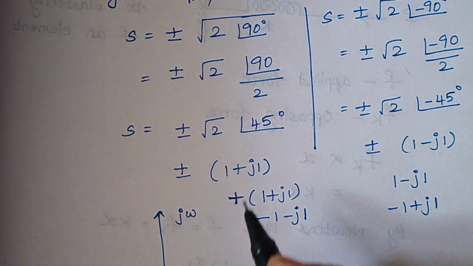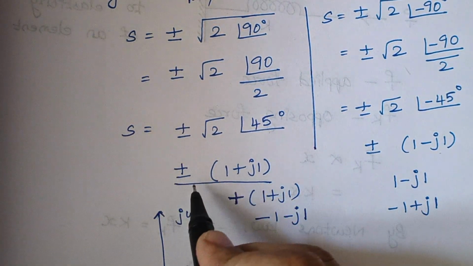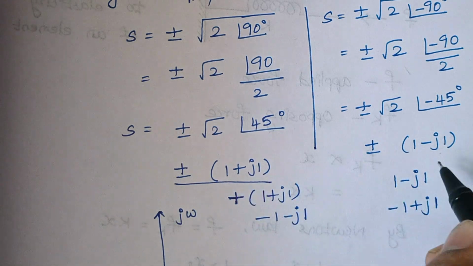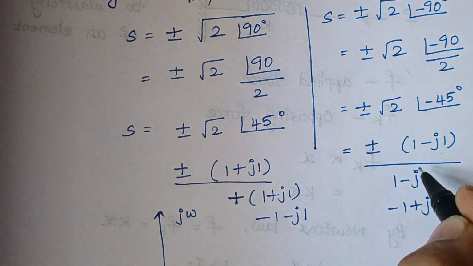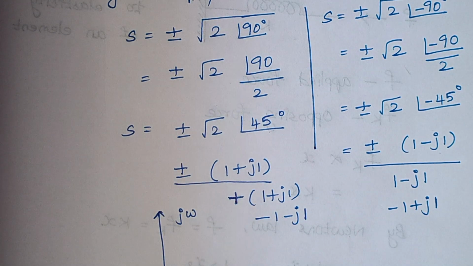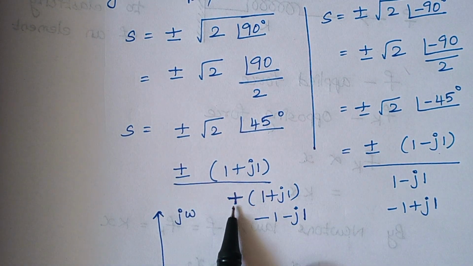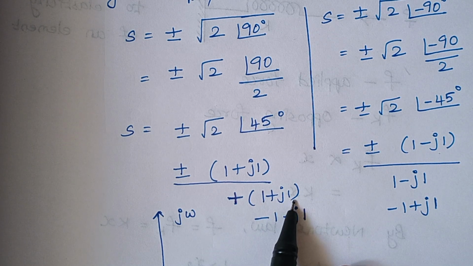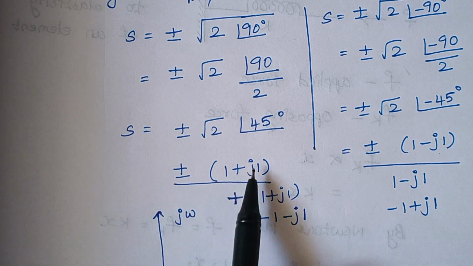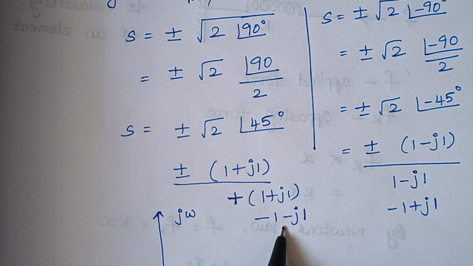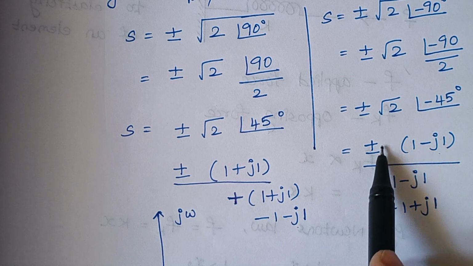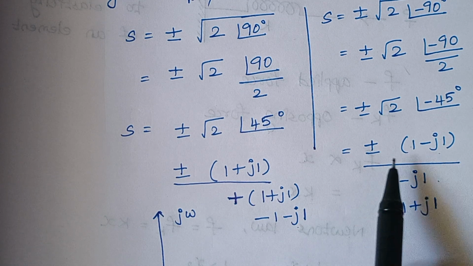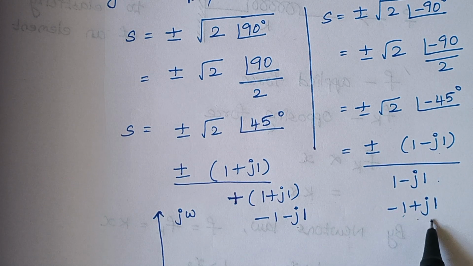So when you convert it, you see this is our root, plus or minus 1 plus j1, and another one is plus or minus 1 minus j1. So totally how many roots are there? There are 4 roots, right? The first root is plus 1 plus j1, and again when you move this minus sign inside, that gives minus 1 minus j1, and here also plus 1 minus j1, and again minus 1 plus j1.